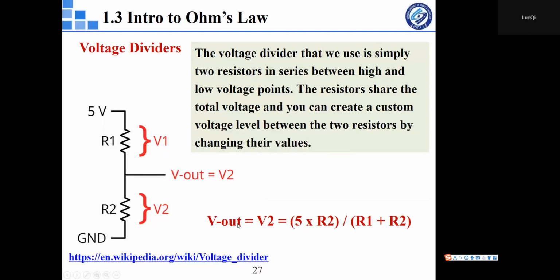You can see the relation: the voltage out is equal to V2, which equals 5 times resistance 2 divided by resistance 1 plus resistance 2. Okay.